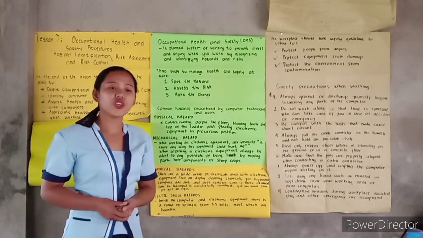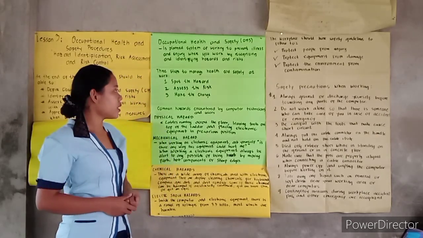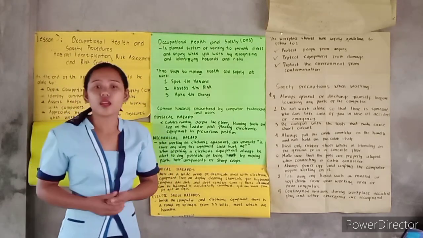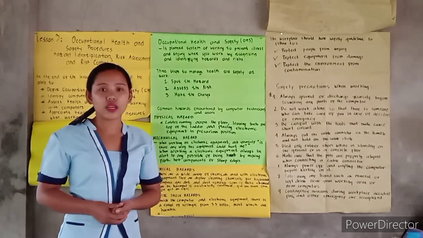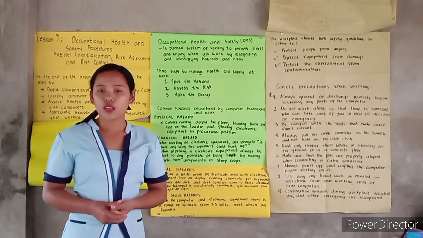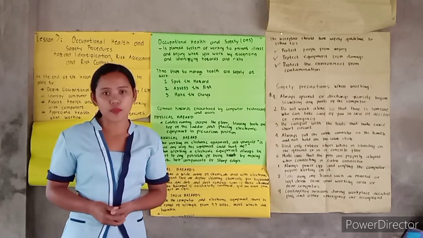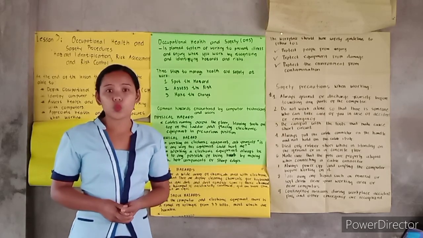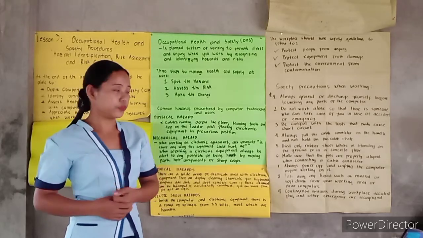Anyone? Okay, very good. It may cause electrical shock. The next example is boxes stacked precariously. It may cause someone to fall, so it puts people walking by in danger.